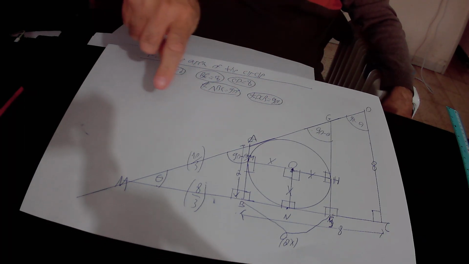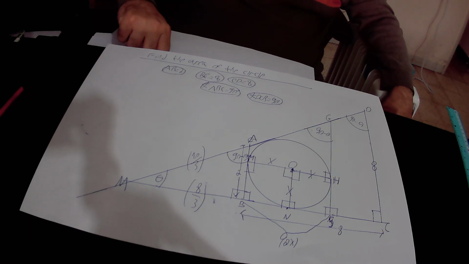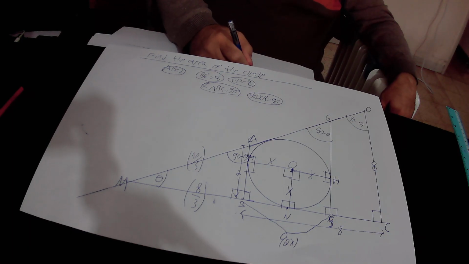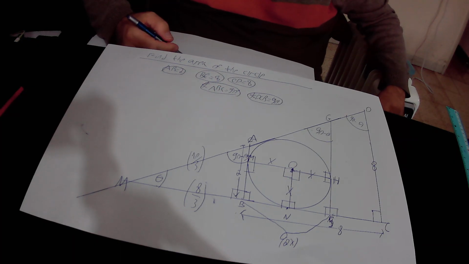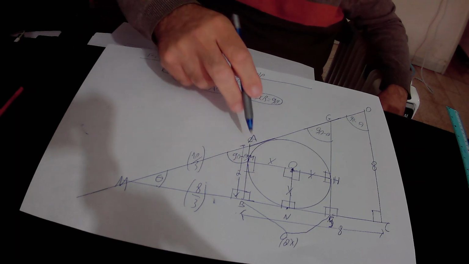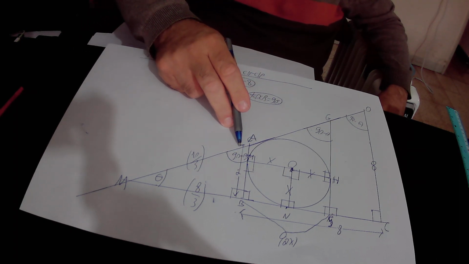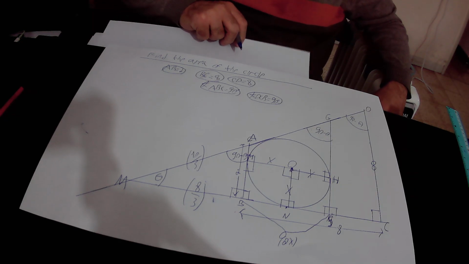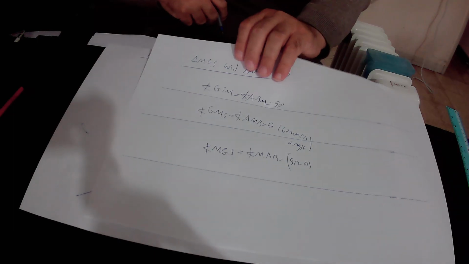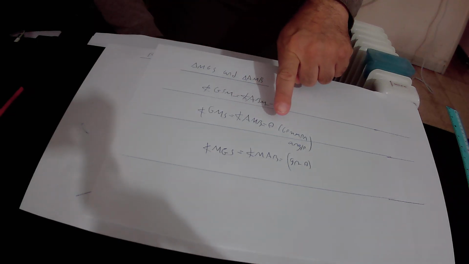So angle MGS in the big triangle is equal to this angle, that is actually angle MAB. In the small triangle, repeat again, angle MGS in the big triangle is equal to angle MAB in the small triangle.